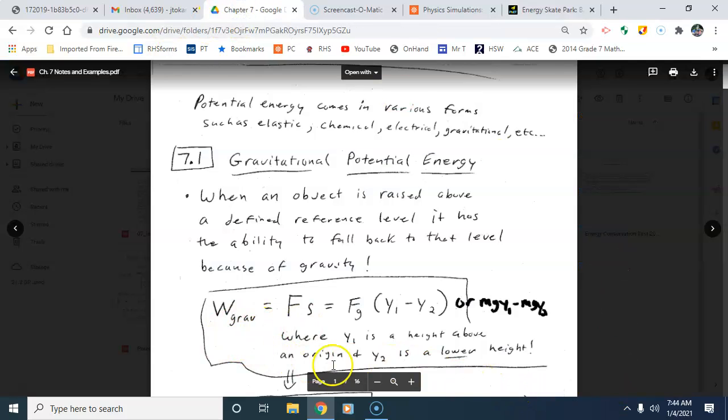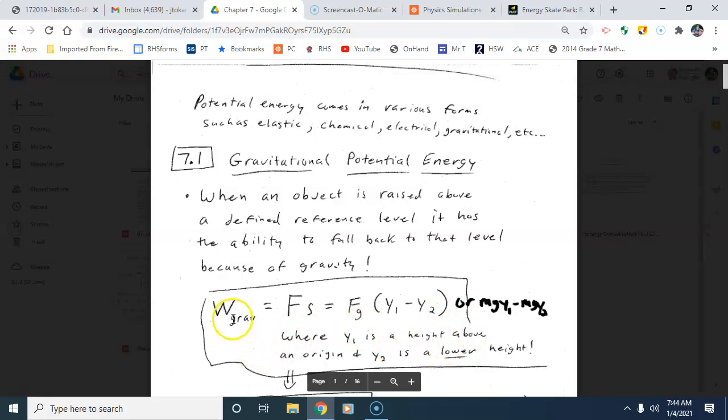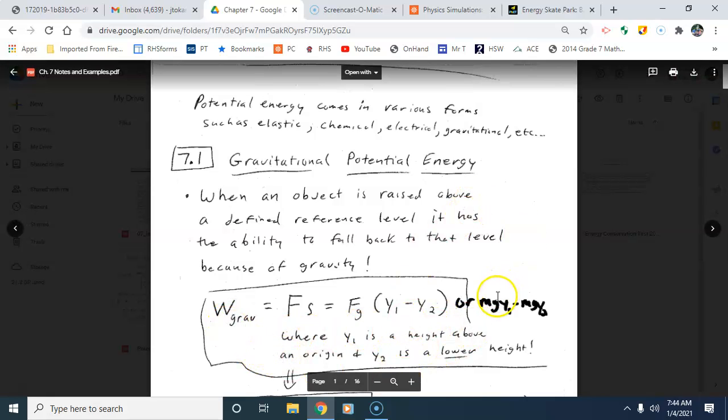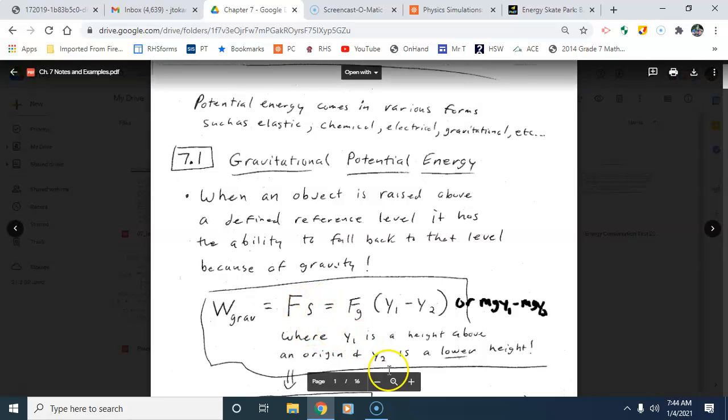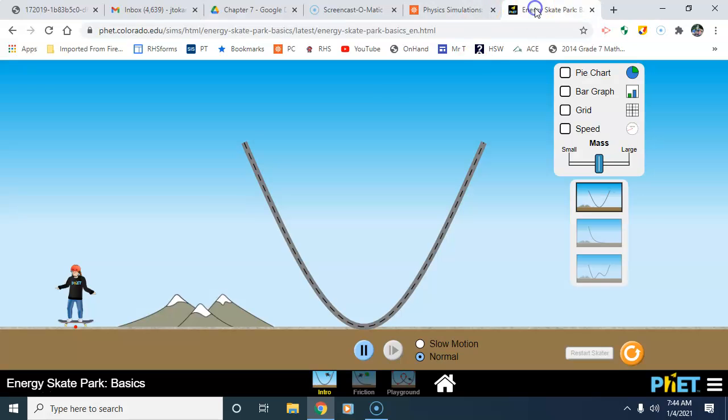So we're just going to rewrite our old work formula with just some more specific variables for the y-axis in this case. Instead of just general displacement S, we're going to look at the two positions of displacement. In this case, of my example of lifting the skateboarder up, y1 is going to be what we're going to call the reference level, and that's the ground.